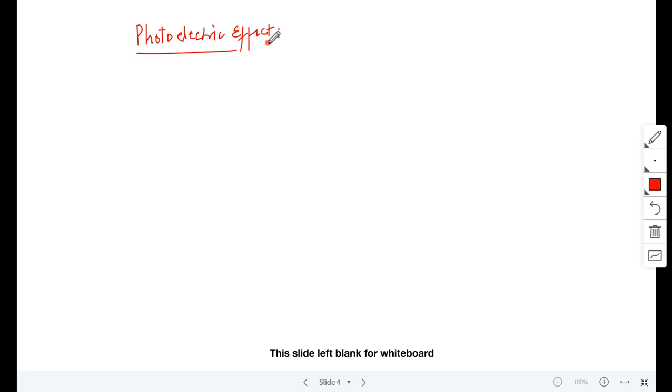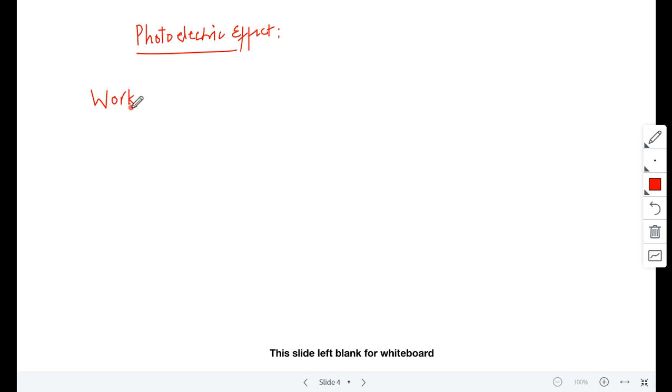Now, the important thing is that only high frequencies can carry enough energy to overcome the work function of the metal. There is a term known as the work function, which is very important. The first definition: when a photon emits an electron from the metal surface, that is the photoelectric effect.